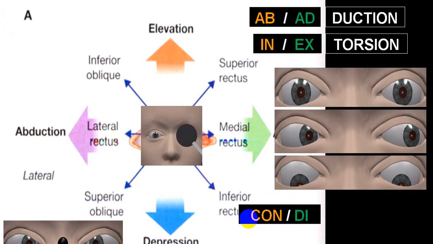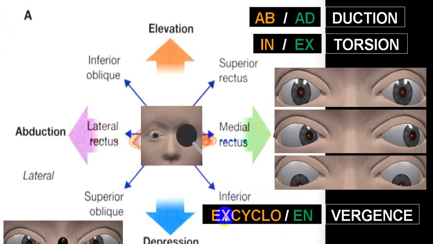Then the words utilized are divergence and convergence. Means when both medial recti are working, we call it convergence, and when they go away, we call it divergence.